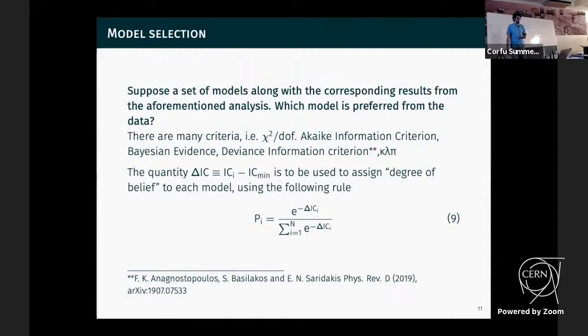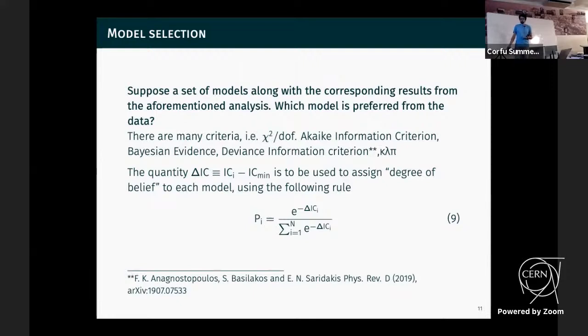After this step, the second and more interesting step is to decide which of the considered models is preferred by the data. There are many criteria to do this selection. Some of them, if applied together, give not inconsistent results with each other.